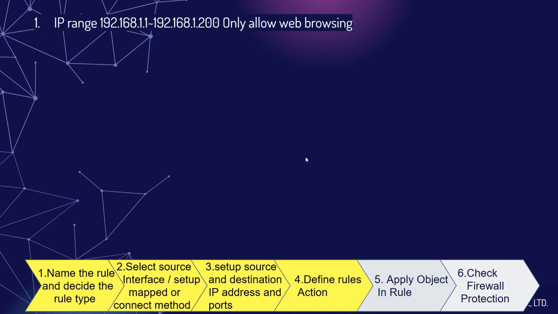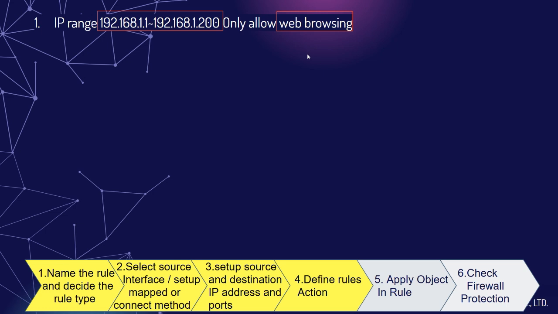For the first requirement, in the range 1.1 to 1.200, only allow web browsing. You can see the range is 1 to 200. So I can set this range as the IP address group and only allow web browsing. So I can set the ports to a service group.